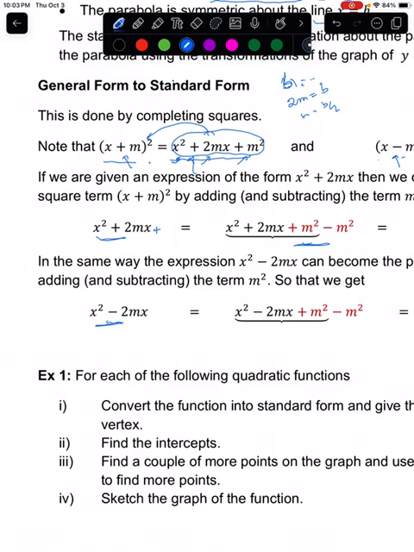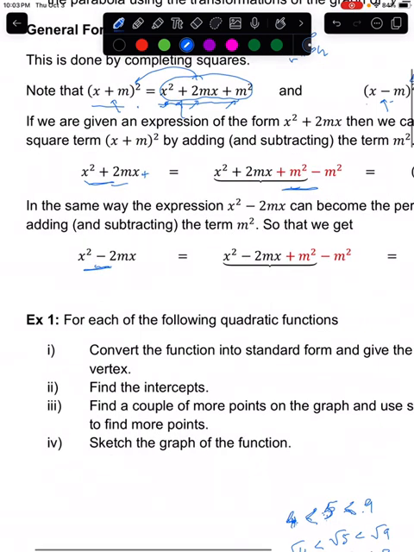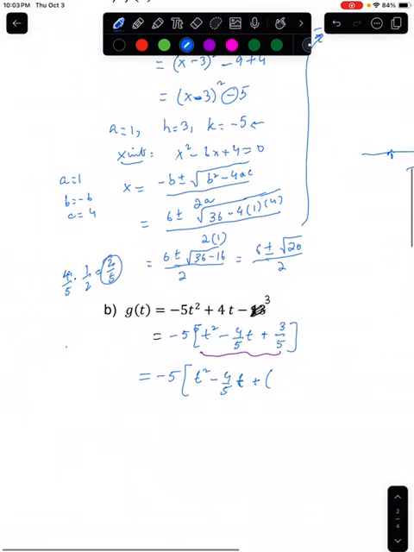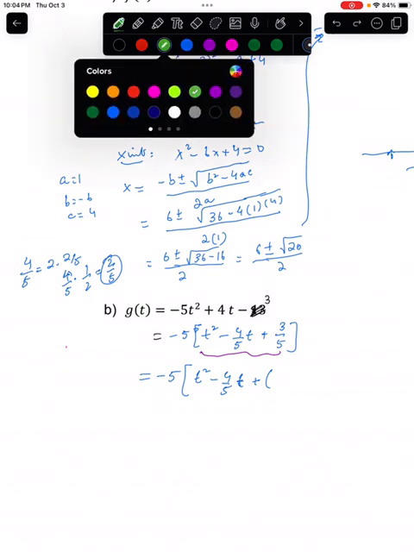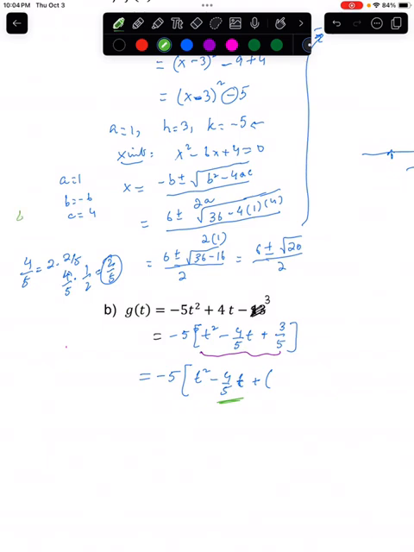Also you can think of it like this: this is 4 over 5, so we can think of 4 as 2 times 2. So I can write it as 2 times 2 over 5. So 4 over 5t can be thought of as 2 times 2 over 5t.